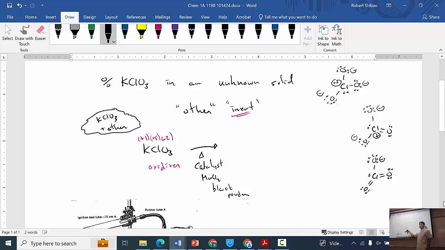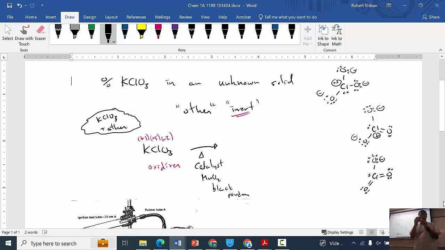If oxygen's -2, that means manganese has got to be +4. So we call this manganese 4 oxide. That's its proper name. This bottle is labeled manganese dioxide, and a lot of people call it manganese dioxide too.